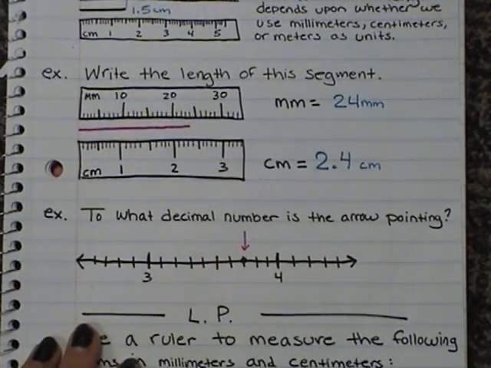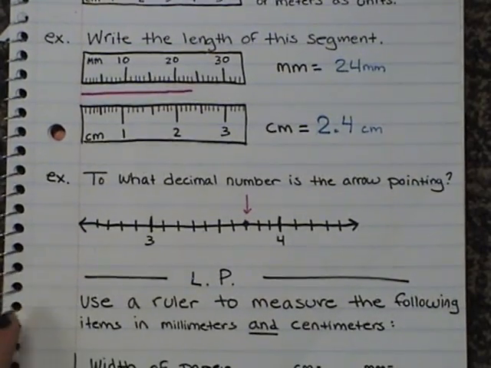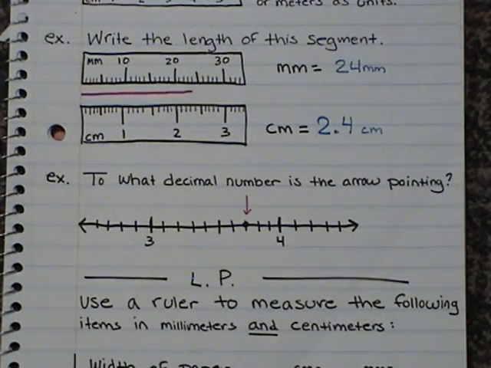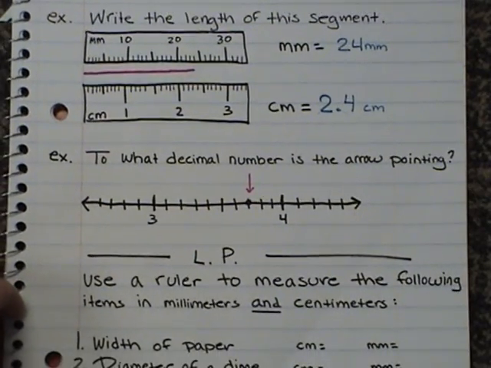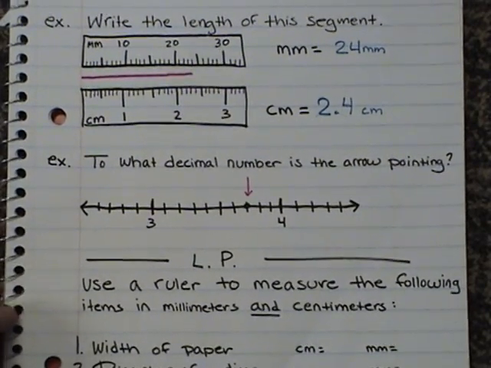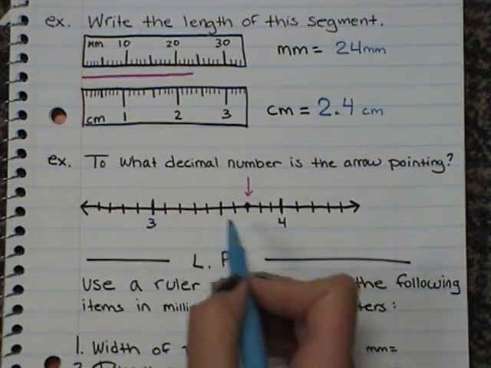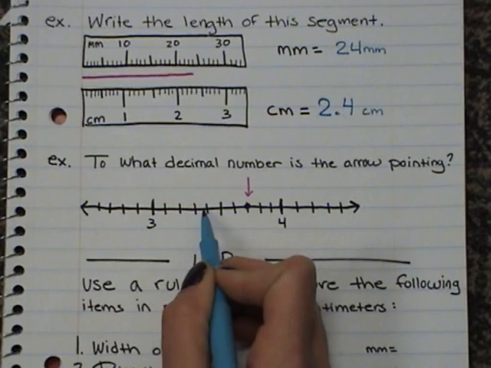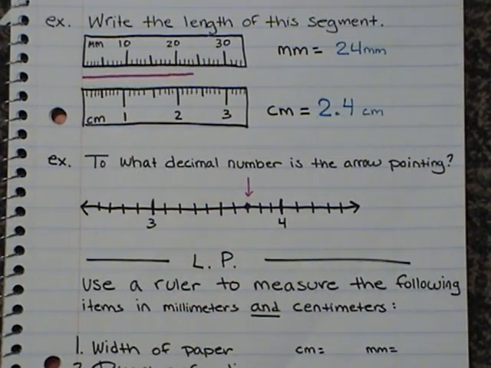Alright, and then last example that we're going to do, remember this video is going to be shorter because we are going to be working with rulers tomorrow in class. So this example says, to what decimal number is the arrow pointing? And we're still dealing with tenths here. In between 3 and 4, I have 1, 2, 3, 4, 5, 6, 7, 8, 9, and 10 sections. So I'm dealing with tenths.